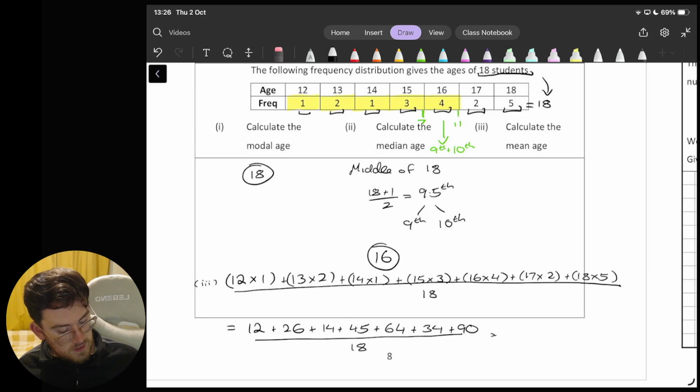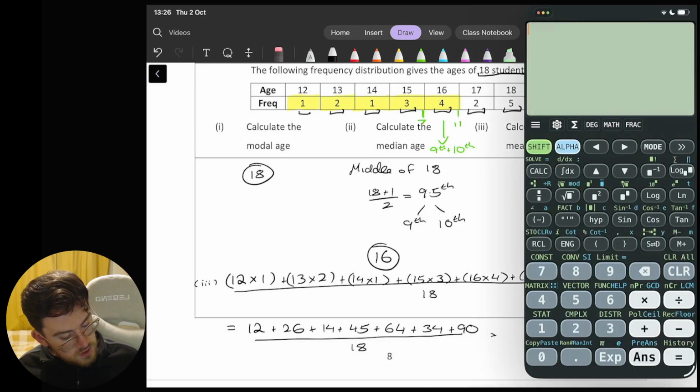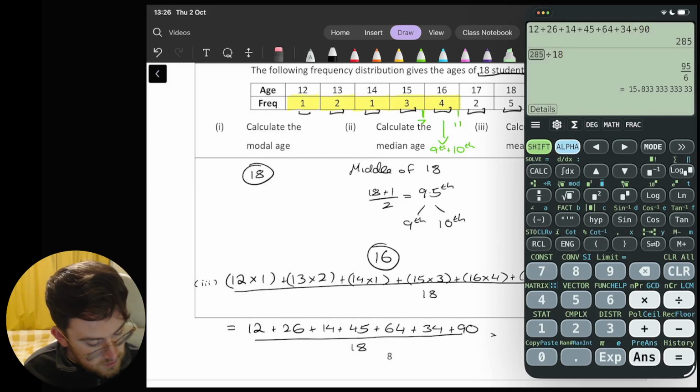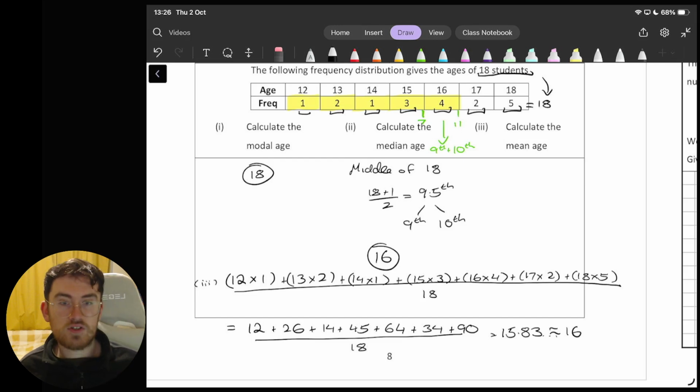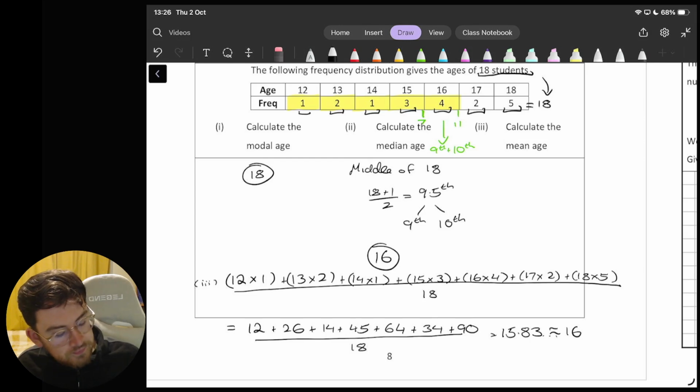I'm going to get my calculator to finish this one out. So 12 plus 26 plus 14 plus 45 plus 64 plus 34 plus 90 divided by 18, and that gives me an answer of not a full number but 15.83. So roughly 16 if we were to round to the nearest whole number, which is interesting because that actually fits in nicely with our median value.